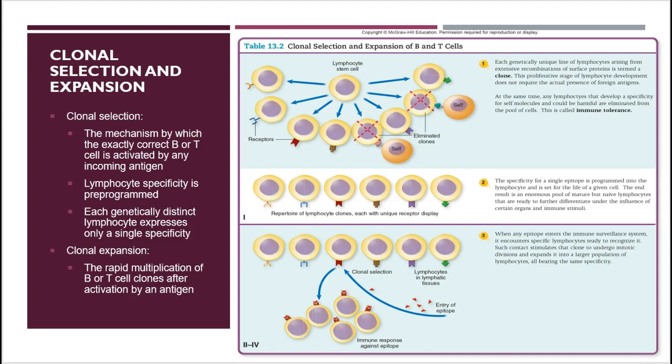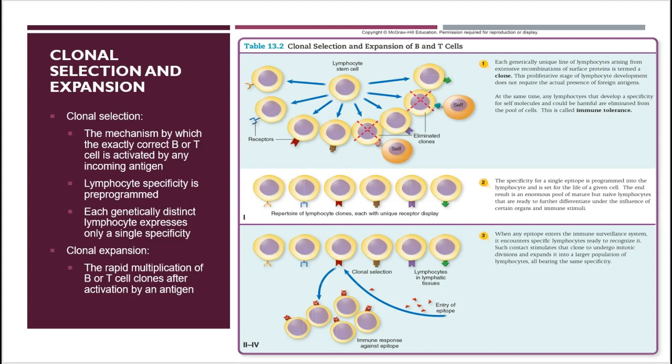You can see in step 1 that we have our lymphocyte cell, and it's going to differentiate in either the bone marrow or the thymus, depending on if it's becoming a B cell or a T cell.